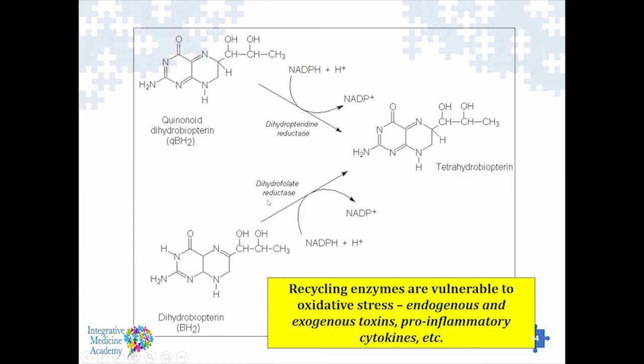Like a lot of these enzyme systems, these are recycling enzymes, meaning it goes from an active state to an inactive state, or an oxidized state to a reduced state, and it's constantly in flux. And anytime you have these recycling enzymes, they're vulnerable to oxidative stress. So that could be endogenous toxins, or exogenously produced pro-inflammatory cytokines, for example, could potentially negatively affect these areas.